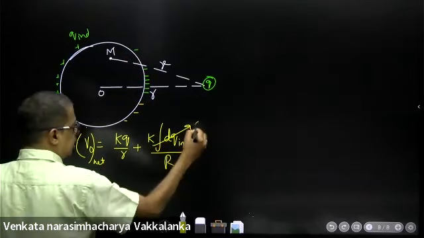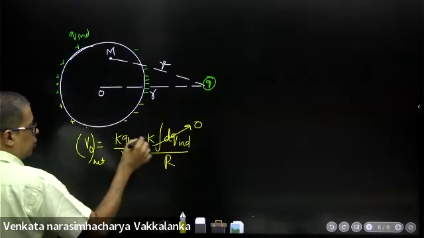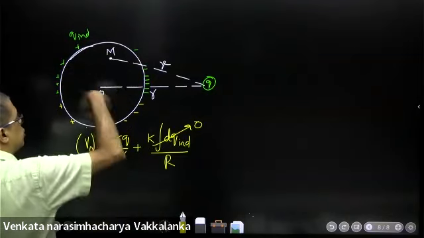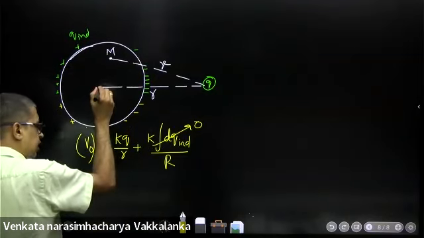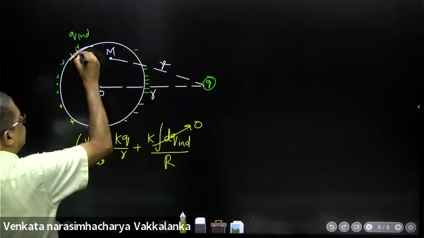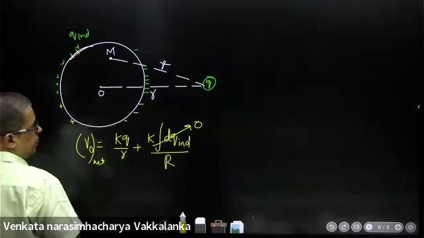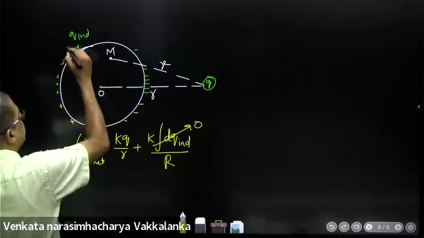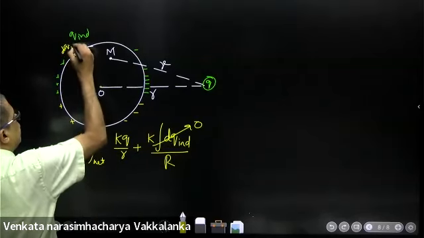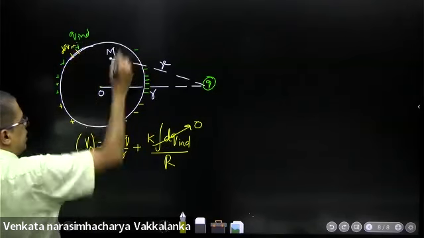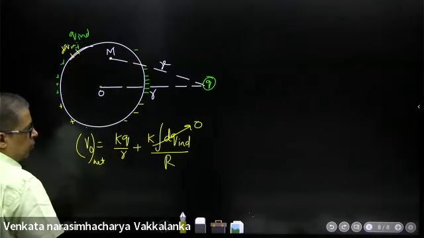So this will turn out to be 0. To calculate the potential due to the induced charge, I can calculate only at O, because only in the case of O, the distance of all the charges from the center is the same. Any dq induced element that I consider is at the same distance from O.